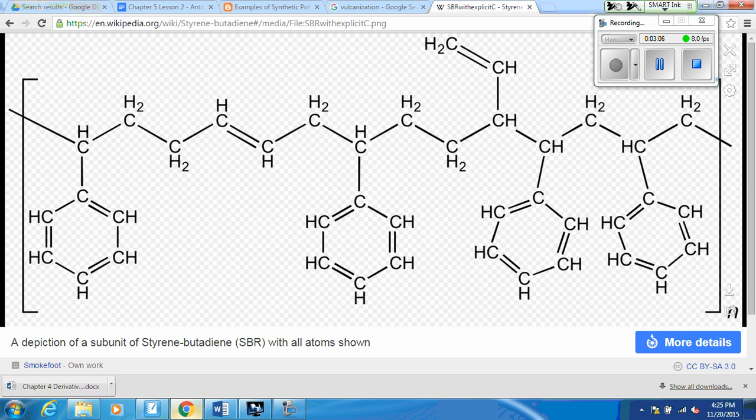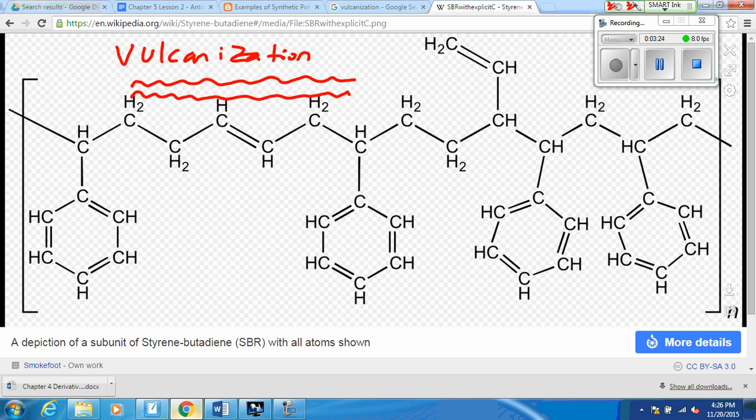So now something else happens, and that is a process called vulcanization. And the vulcanization takes one really long chain, just like you see here. I'm going to represent that with a squiggly mark, like so. So here's our long chain. And it takes another long chain, and it heats up those chains with some sulfur.